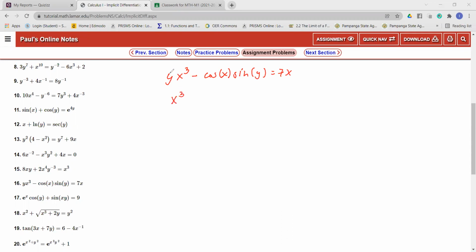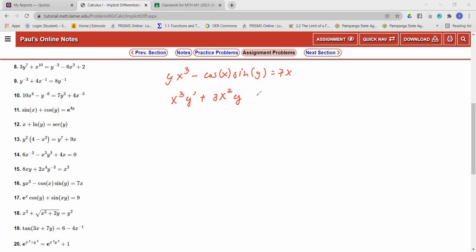Kaya lang, since derivative with respect sa y to, meron kang y prime ngayon dito. Plus, derivative of the second, 3x squared times the first, y. Okay, so yun na yun.